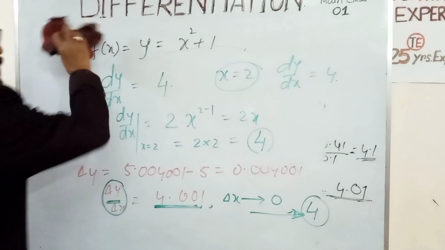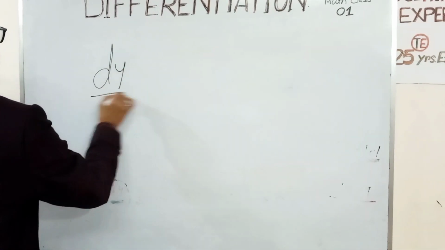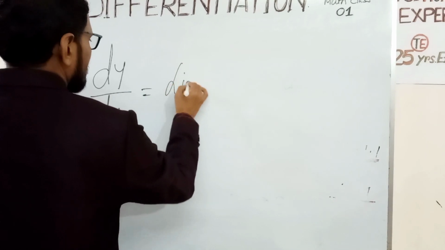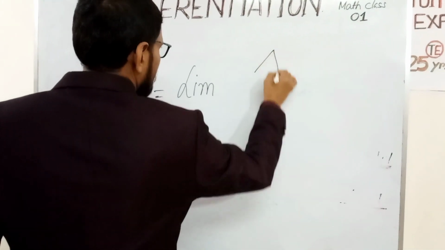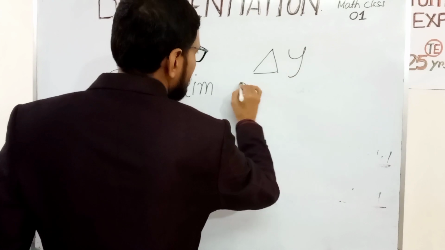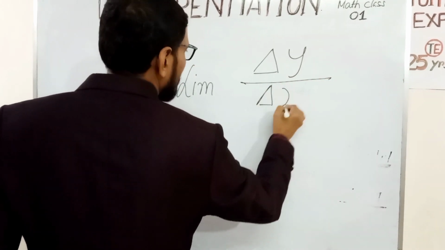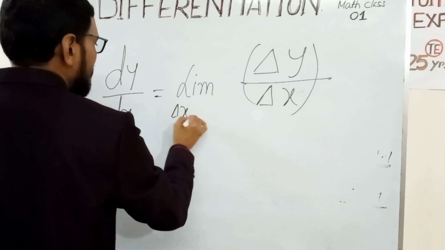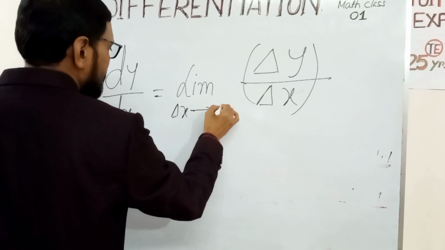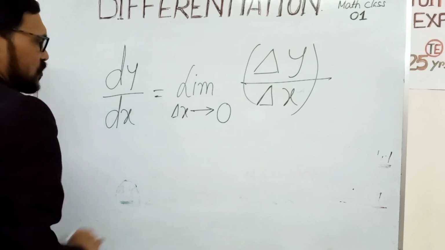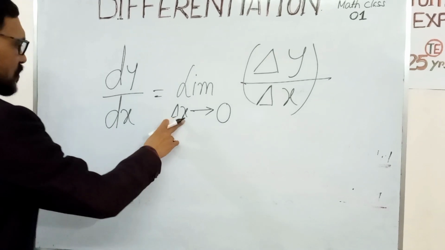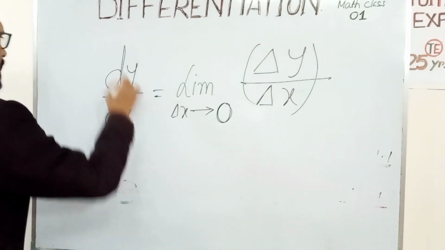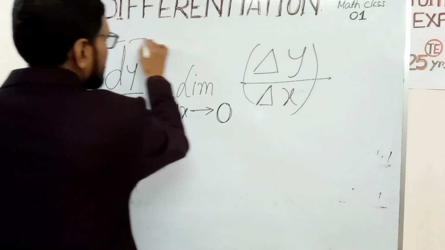So the derivative is nothing but the ratio of the increment of y to the increment of x. The condition is that the increment of x tends to 0. This is the definition of dy by dx.